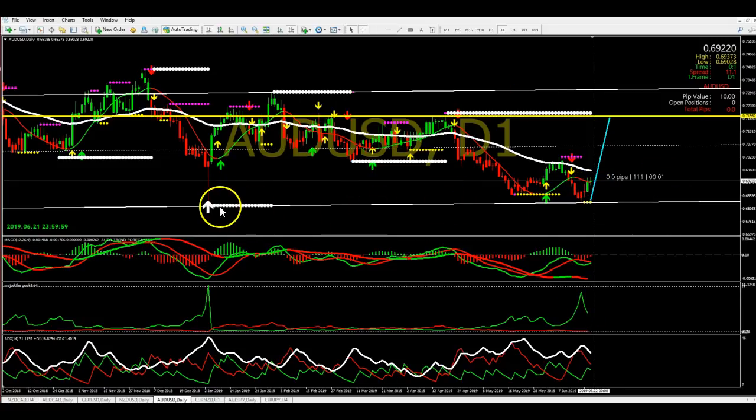But obviously, you see, it's touching our preview. Our triple arrow is showing up, so it's just doing the pullback. But the idea is to go back to the previous high of the weekly, which is where I have my horizontal line.